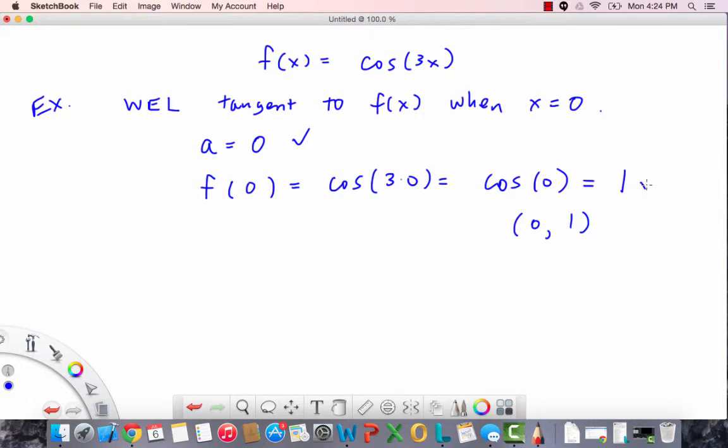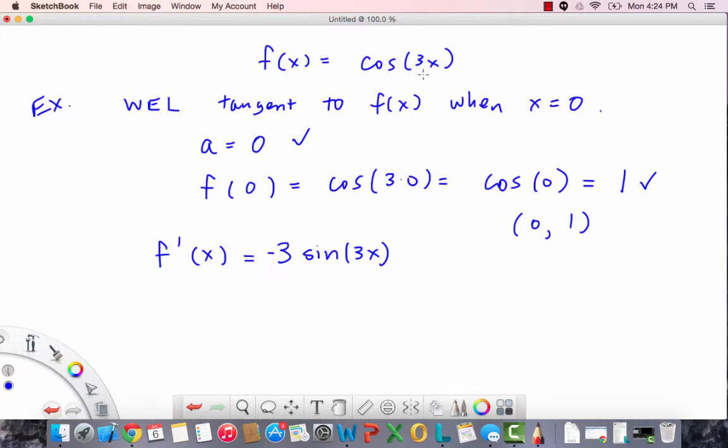(0, 1). We need the derivative of f of x. F prime of x is, what's the derivative of cosine of 3x? It is negative 3 times sine of 3x, right? The derivative of cosine is negative sine.